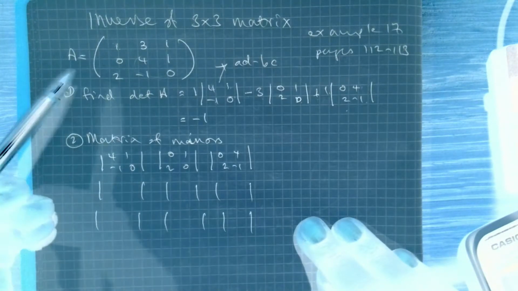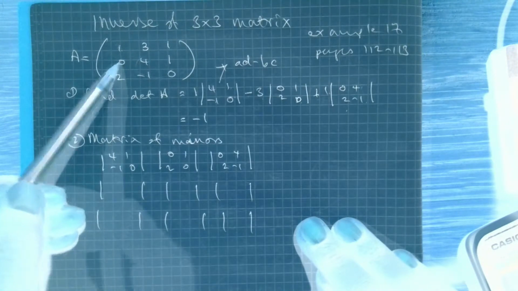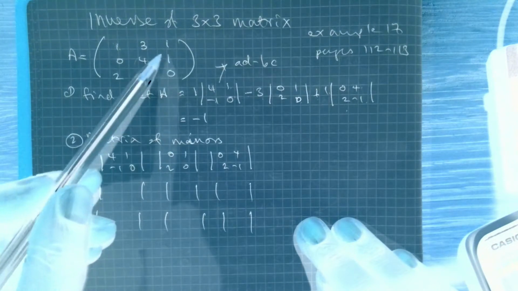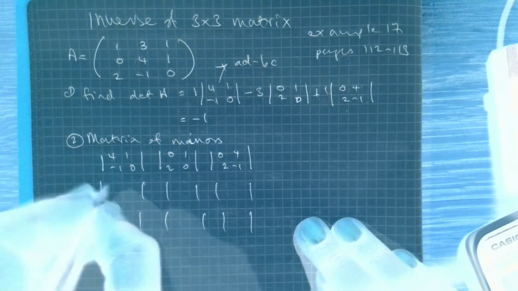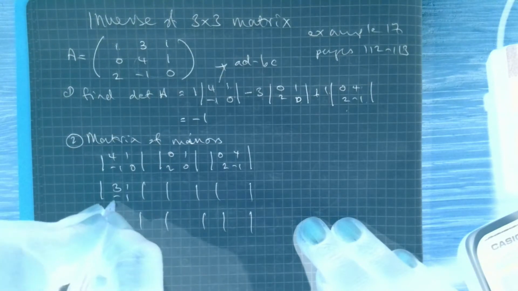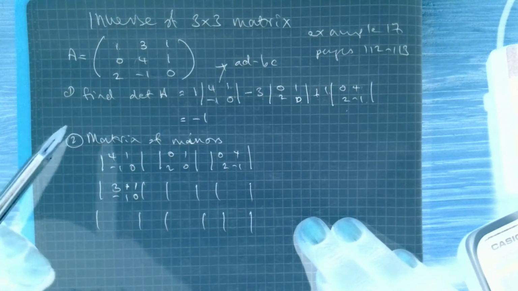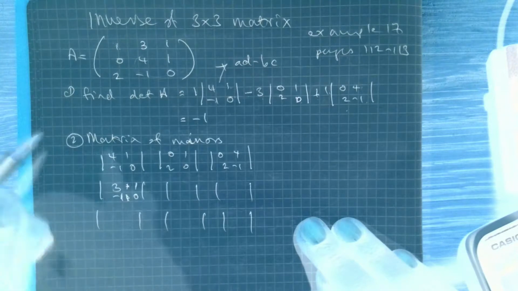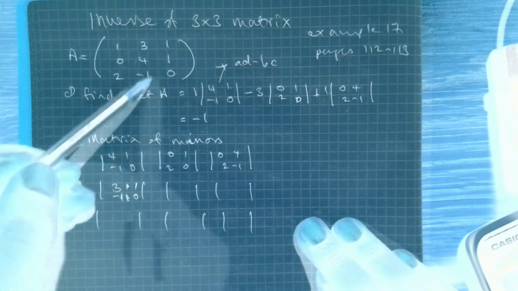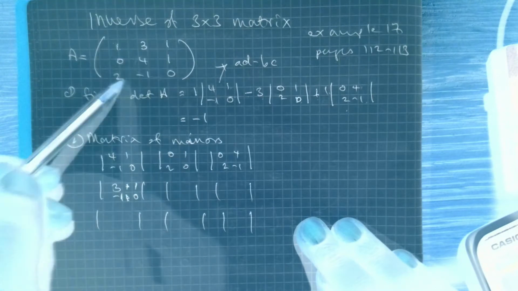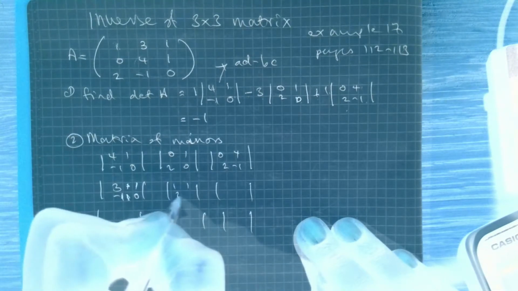So we need to do the minors for every single element in that matrix. If I want to find the minor of 0, ignore the numbers in that row and that column, giving 3, 1, minus 1, 0. If I try and find the minor of this element, again ignore the numbers in that row and this column, so 1, 1, 2, 0.